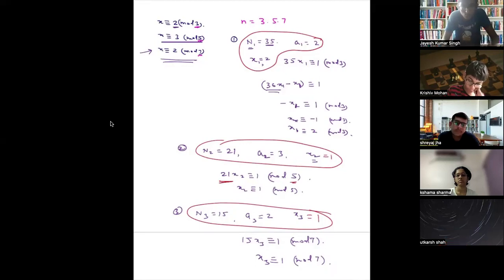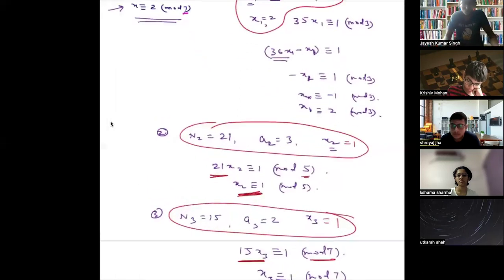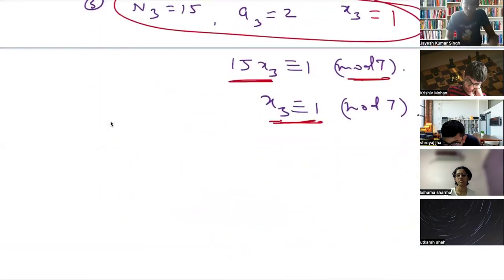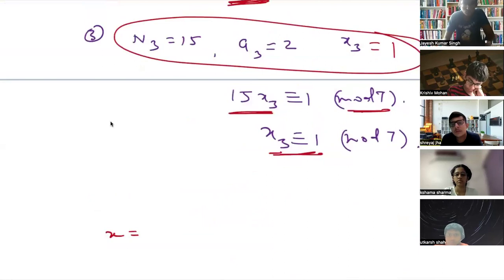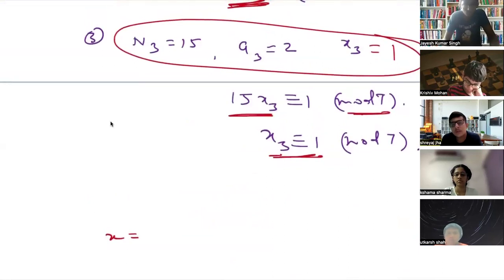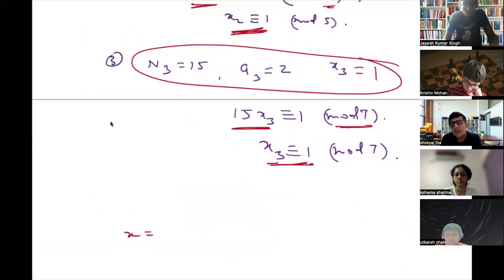Remember, 1 into X2 congruent to 1, that's the reason X2 is coming as 1. In this case, when 15 is divided by 7, you are getting 1 only, so X3 is congruent to 1. Sir, 15 X3 should be 2 mod 7, no? Sir, you had given 2 mod 7 in the question.